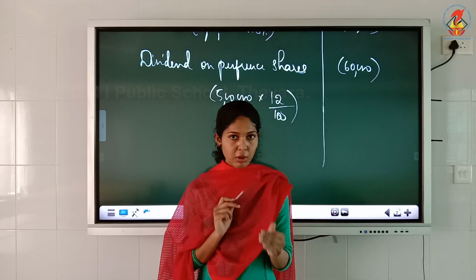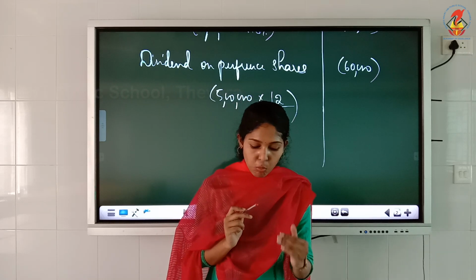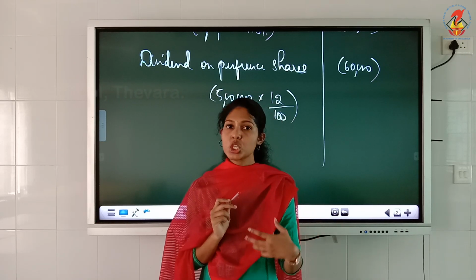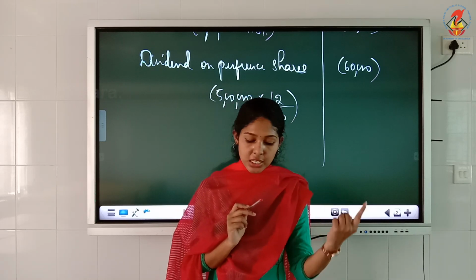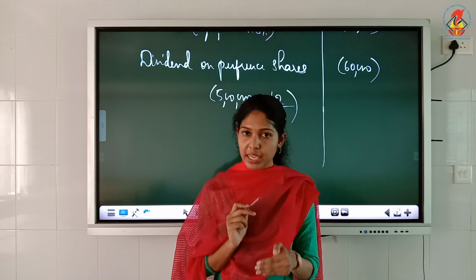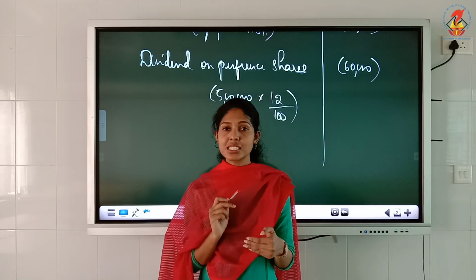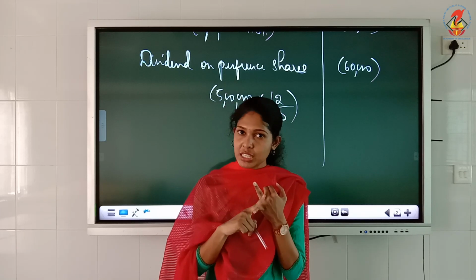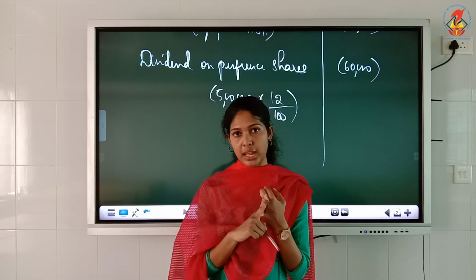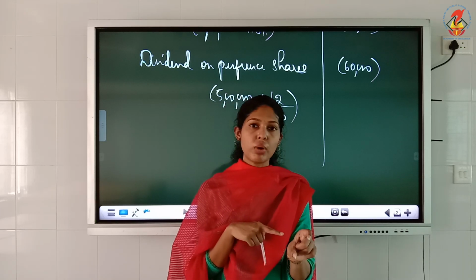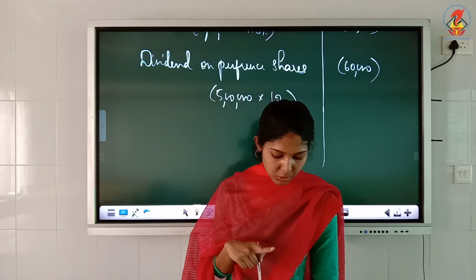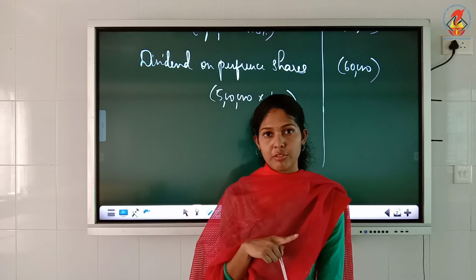That means at the time of redemption. And here, what is the value of preference shares you redeemed? Last year it was 5 lakhs. This year it became 3 lakhs. That means you have redeemed an amount of 2 lakhs. On this redeemed value, you are supposed to compute this premium at the rate of 5%.